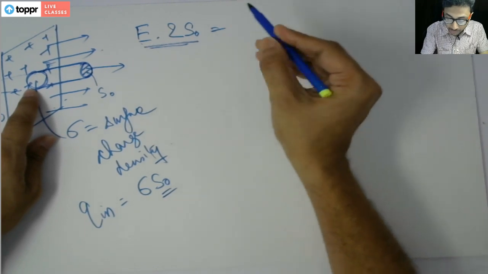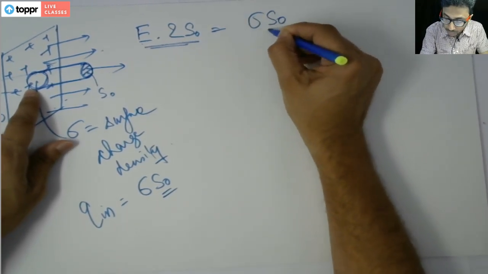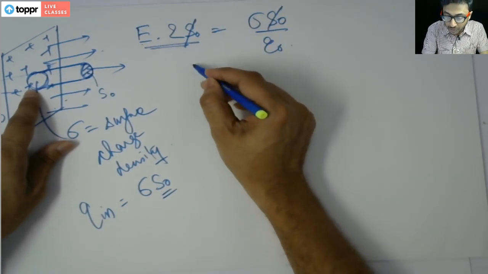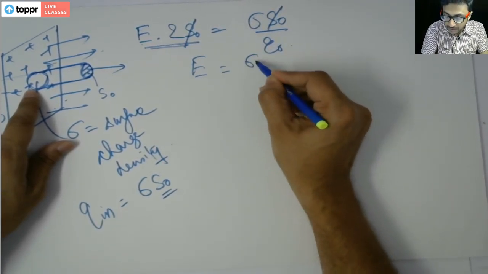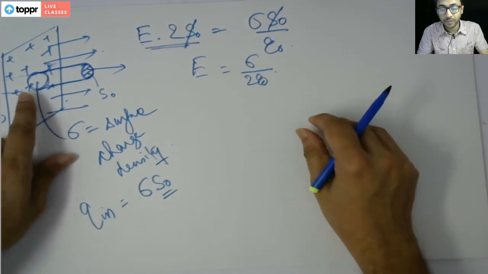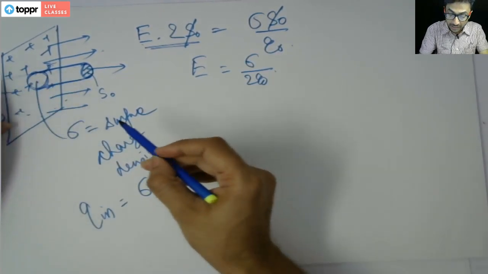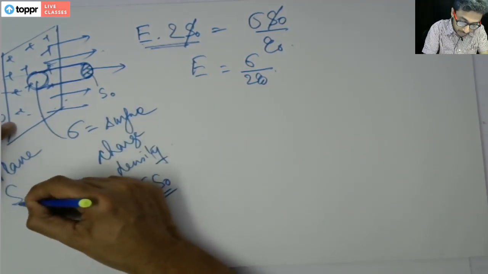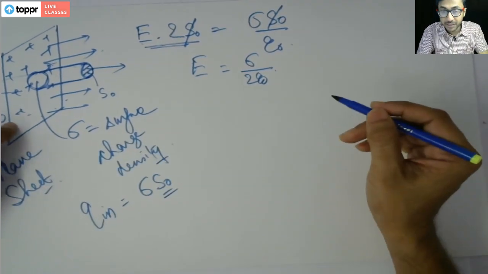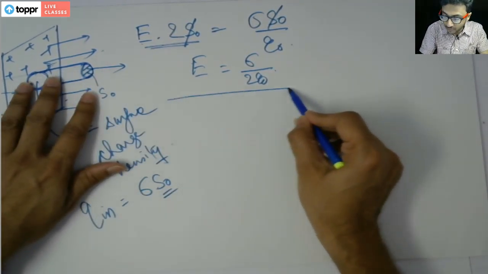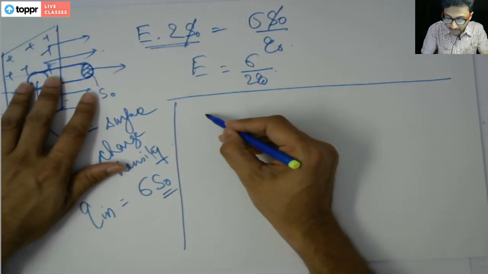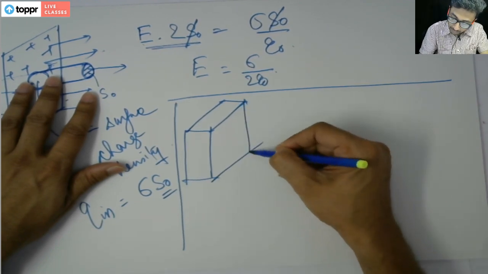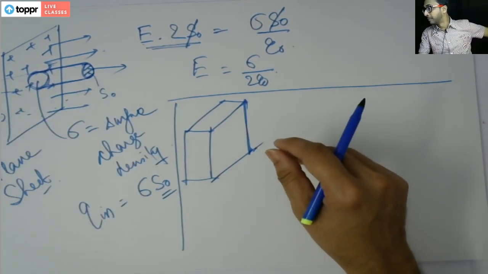Now flux equals Q enclosed by epsilon 0, so S0 cancels out, and E becomes sigma by 2 epsilon 0. But interestingly, this is a plane sheet of charge. What will happen if it is not a plane sheet but a plate?